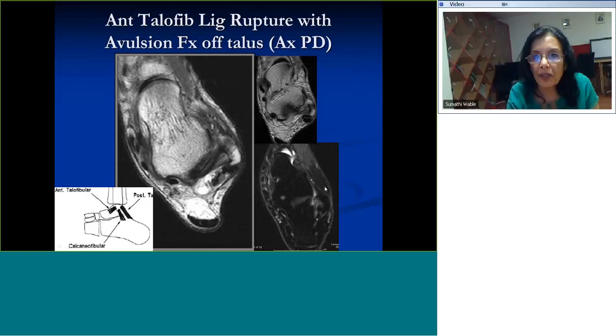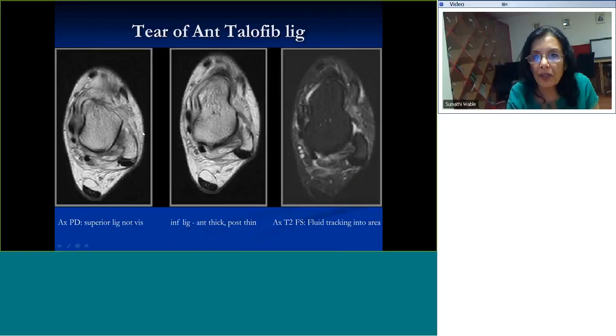Once again, here you have a normal anterior talofibular ligament, abnormal anterior talofibular ligament. Again, a torn anterior talofibular ligament with fluid extending where you would expect the ligament to be.